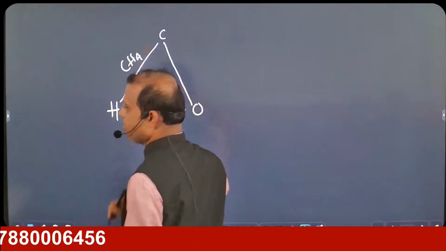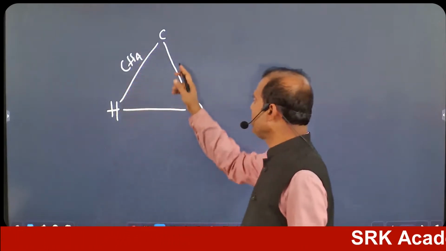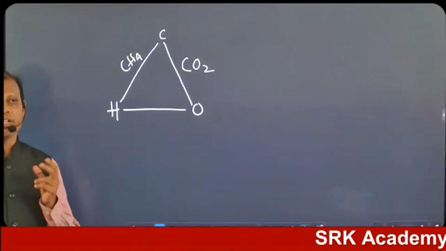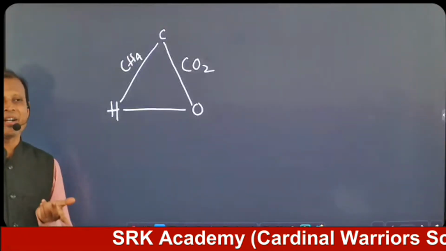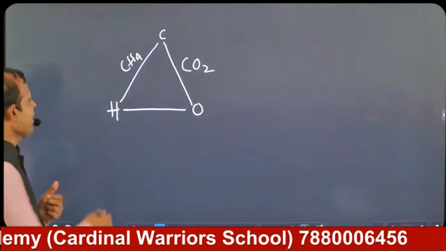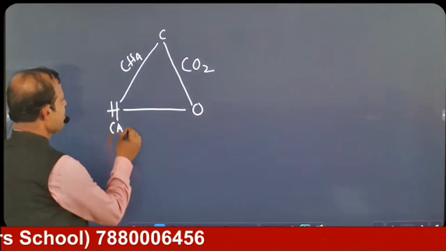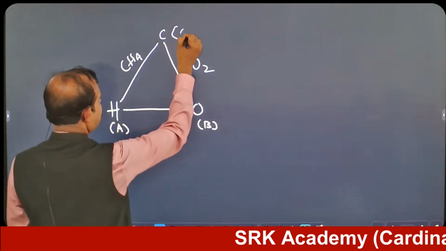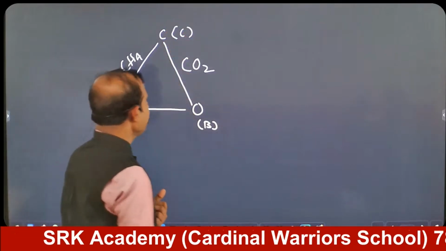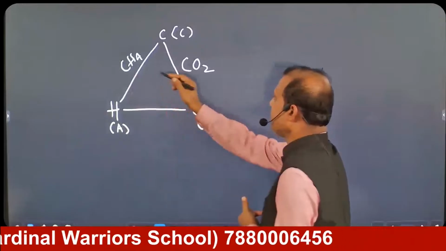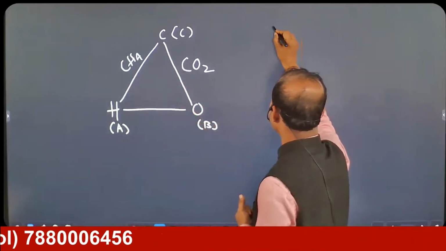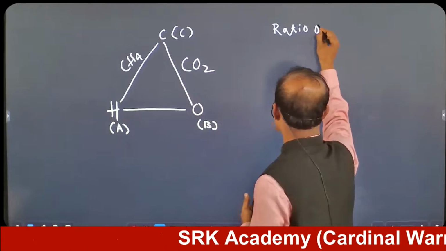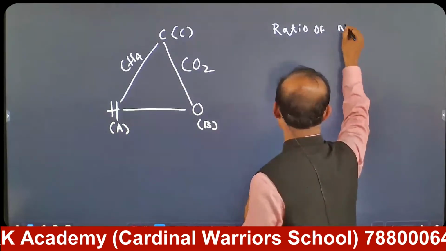Carbon and hydrogen combine together, they form CH4. We are looking at the ratio in which A and B directly combine together. So we are taking A as hydrogen, B as oxygen, and C as carbon. What is the ratio of mass?